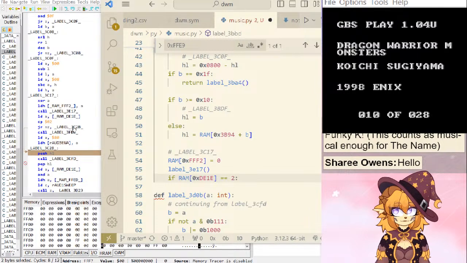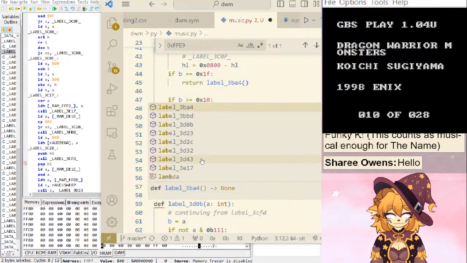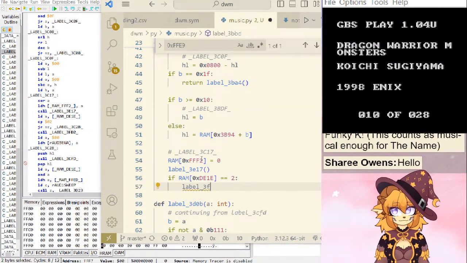So, not equal case comes here. But the equal case falls in, so we want to do this. Label 3FB2.